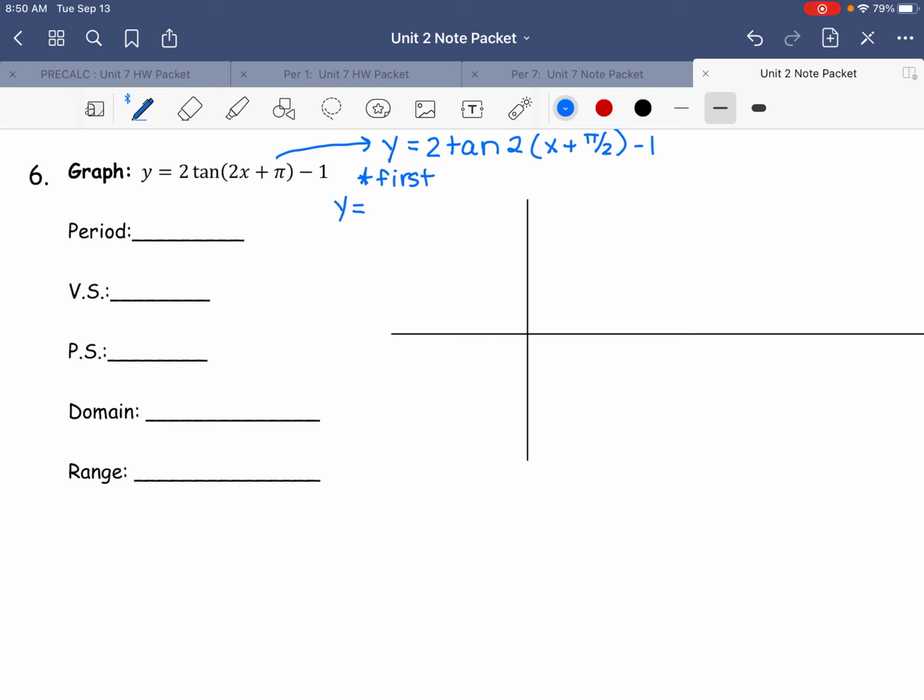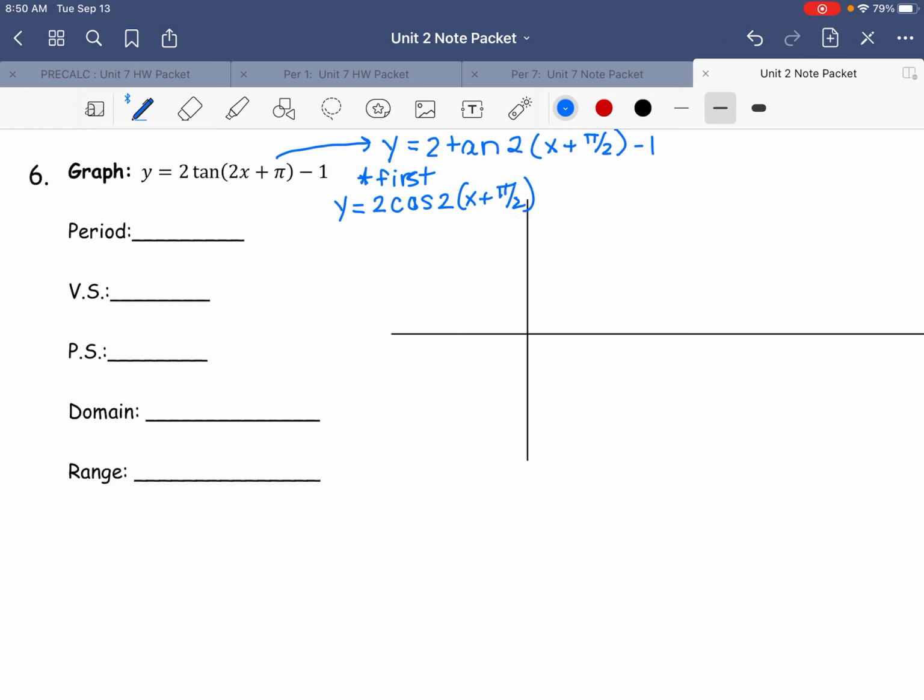So y equals 2 cosine. And when I have a phase shift, I graph it with the cosine. 2 cosine 2 x plus pi over 2.